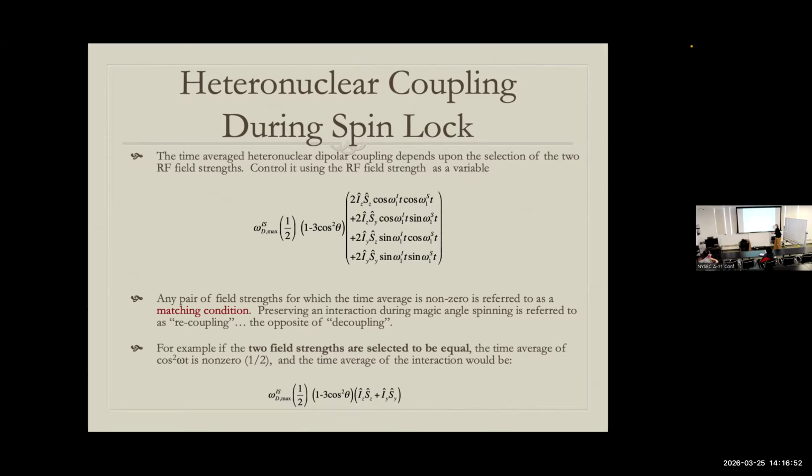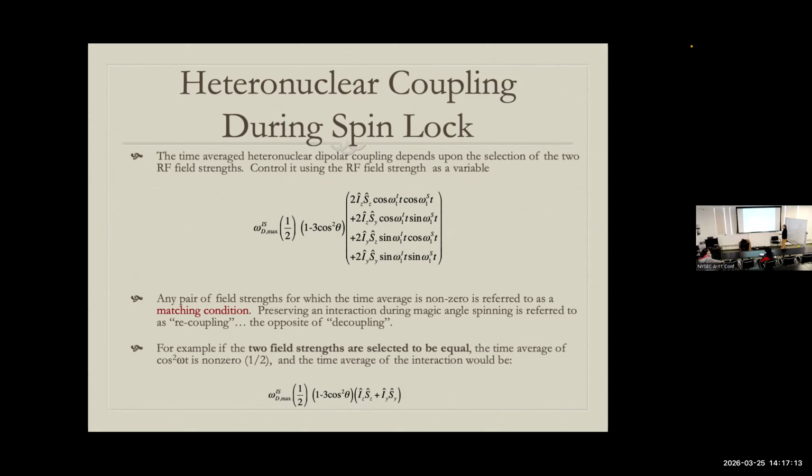For example, if 2 field strengths are selected to be equal and there's no magic angle spinning, then I'll get a sine squared type term here and a cosine squared type term here. So I'll have something that survives at a time average over the omega 1 omega 1 cycles for both spins.